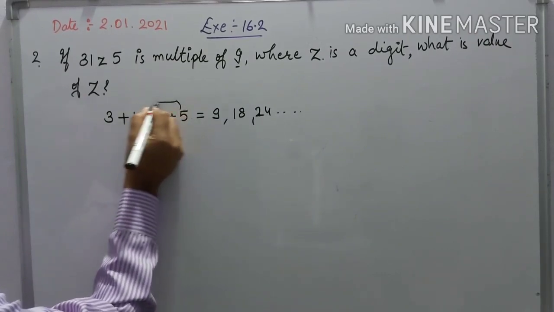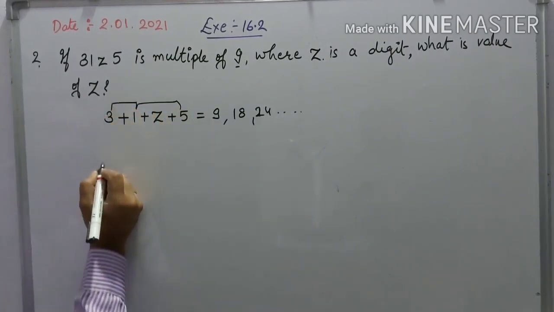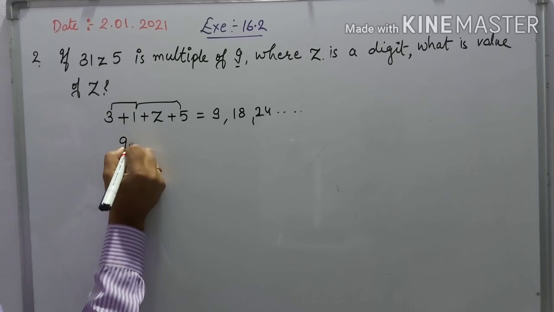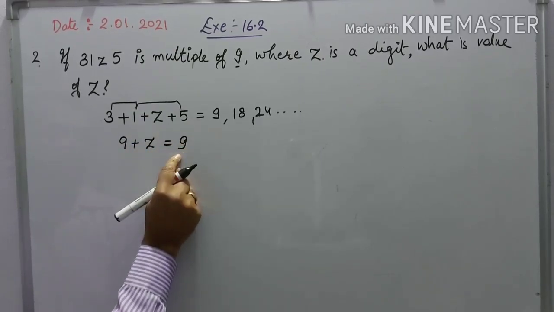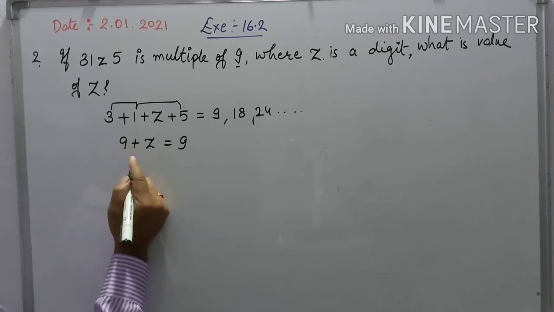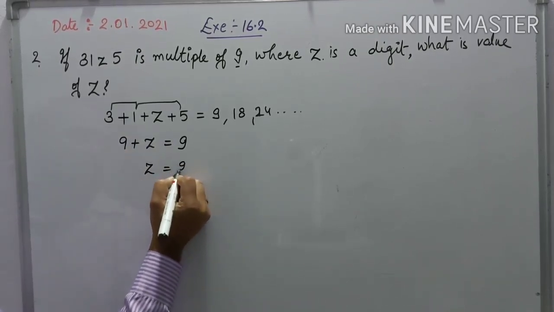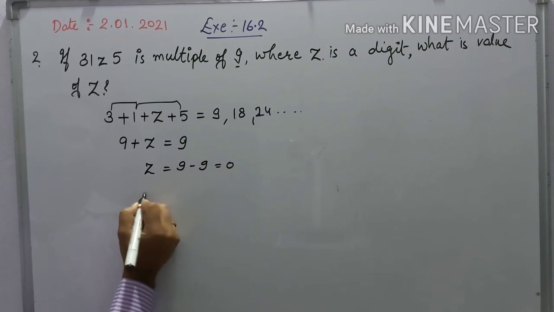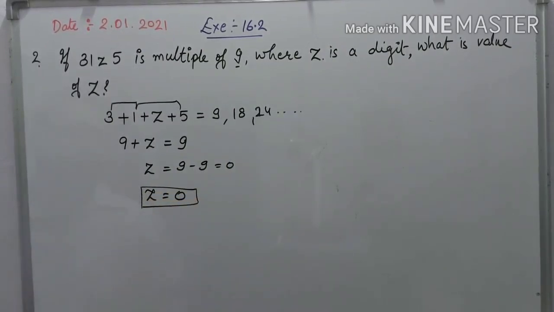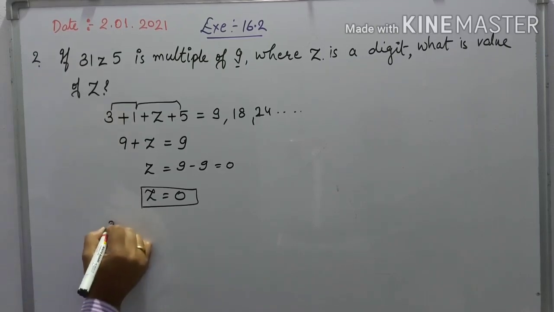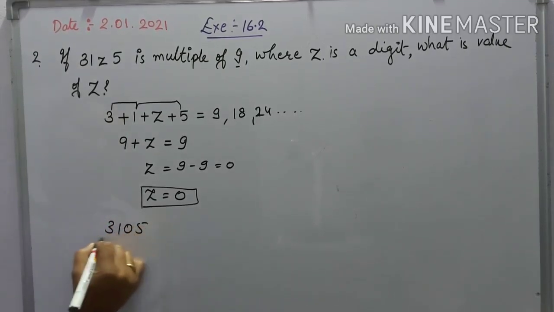Now 3 plus 1 plus 5 is 9, plus z is equal to 9, because here the common unit digit is 9. Now z is equal to 9 minus 9 is equal to 0. It means the value of z is equal to 0. You put 3 1 0 5, it is divisible by 9.